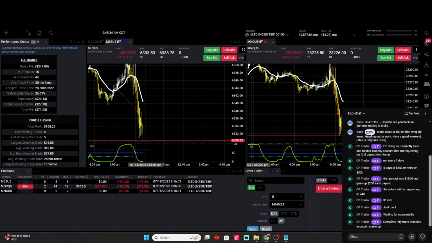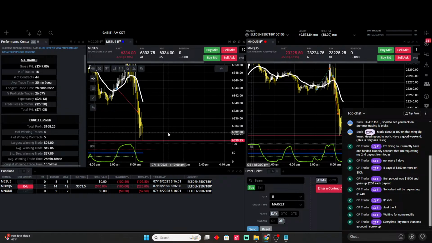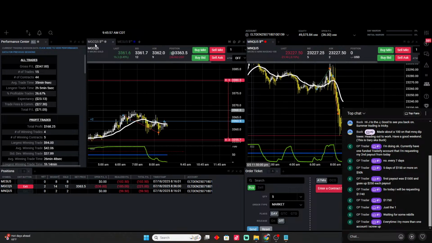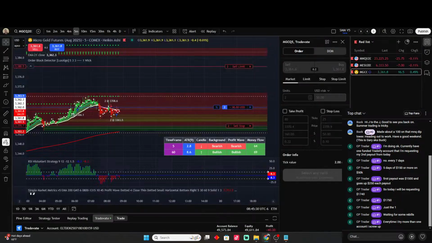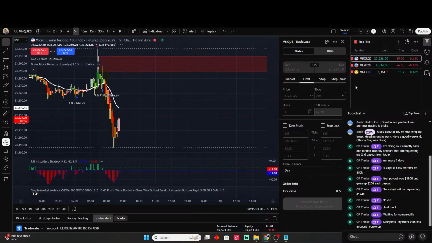Crazy. Okay, MNQ is starting to make a little bit of recovery. So is ES. They're both recovering a little bit. Wonder if I should just do small.